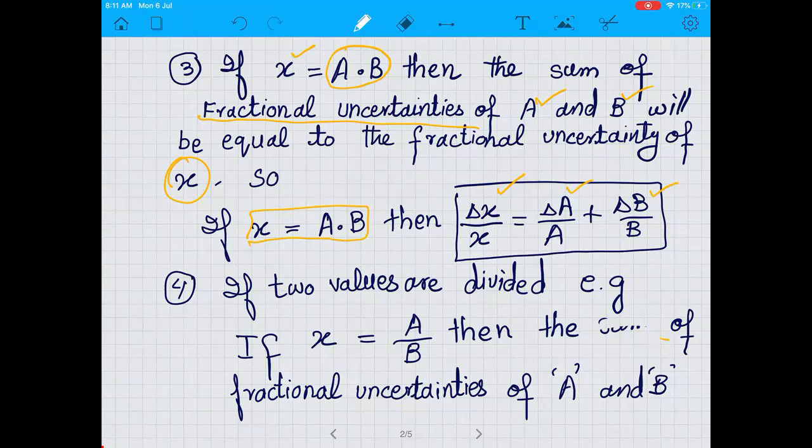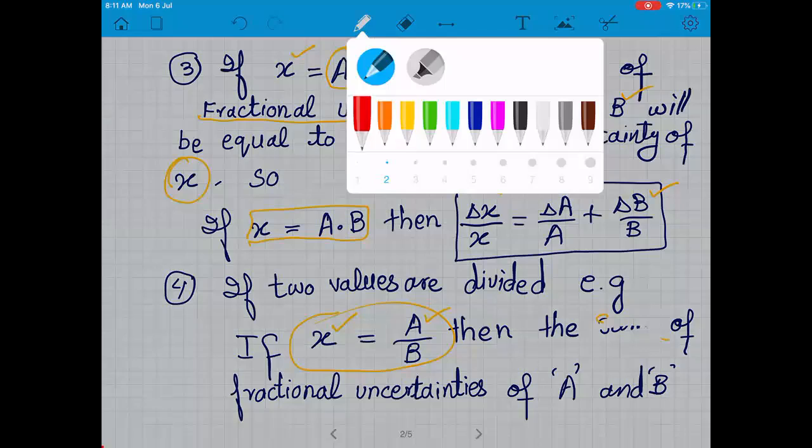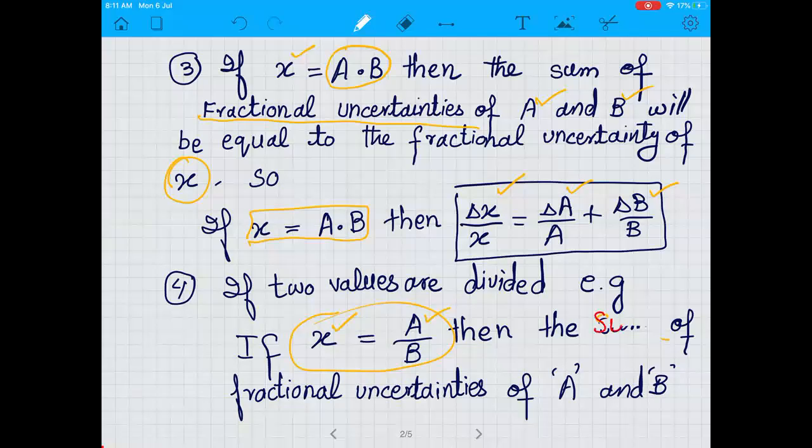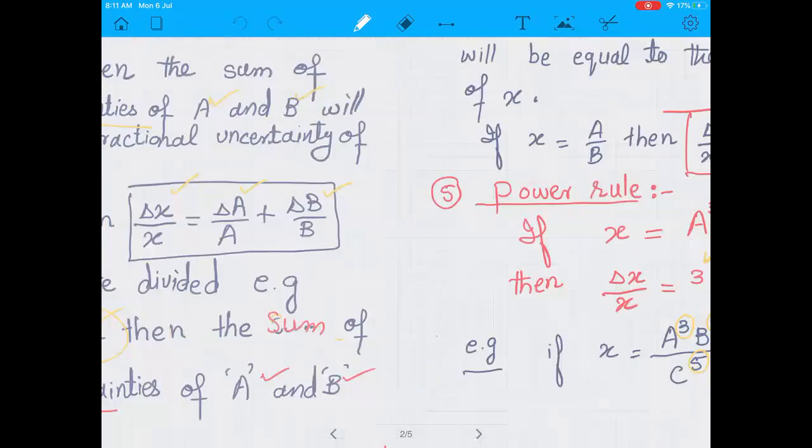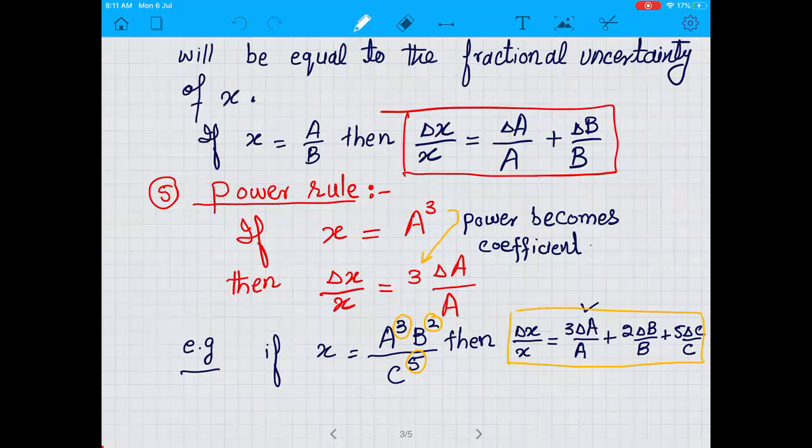Now, the fourth formula was about division. Whenever you have two values which are divided, here a and b are divided to get another value x, then the sum of fractional uncertainties of the values which are divided will be equal to the fractional uncertainty of the answer.